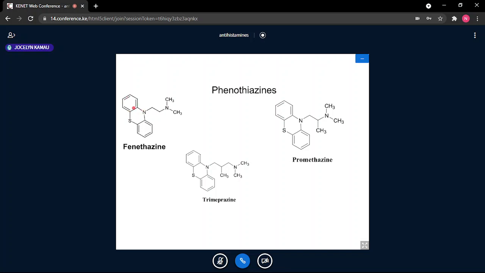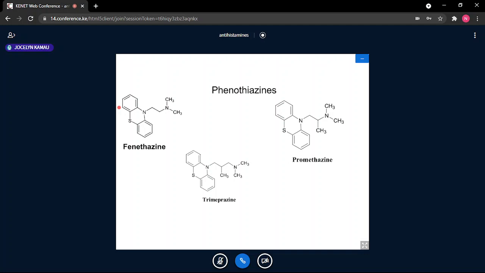It is only that the two phenyl rings have been bridged with a sulfur to give us the phenothiazines, the first one being phenethazine.